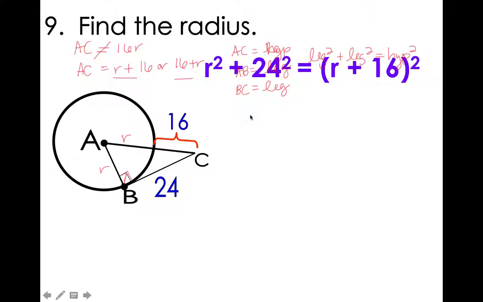And so, look what I get. I need to simplify this. So this becomes R squared plus 24 squared, which comes out to be, I think we said 564. All right, well, 576, I think.